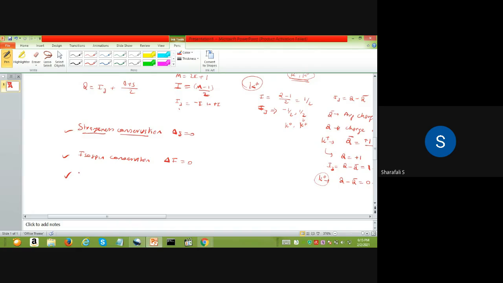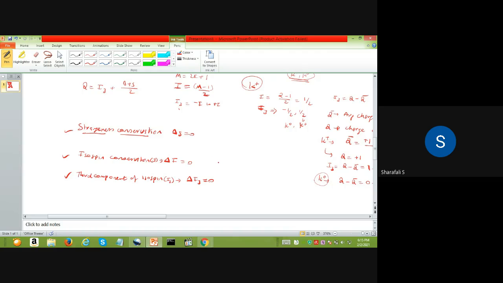And if you consider the third component of isospin, that is nothing but this I3, that will give you delta I3 equal to 0 if it is conserved.